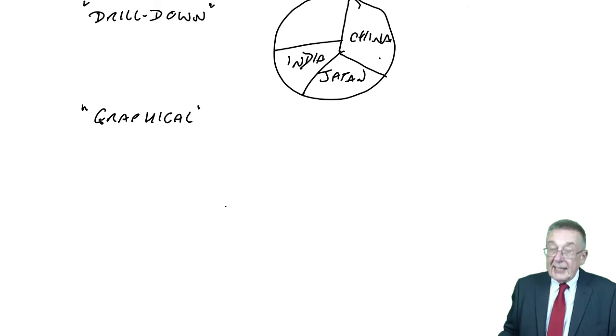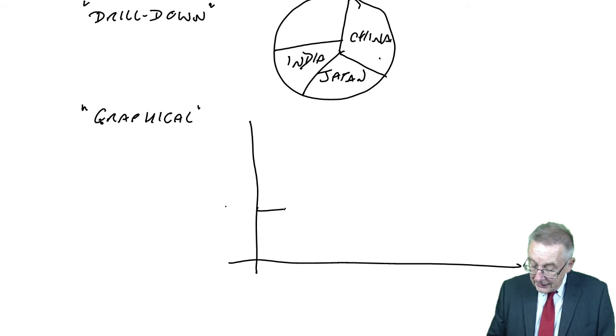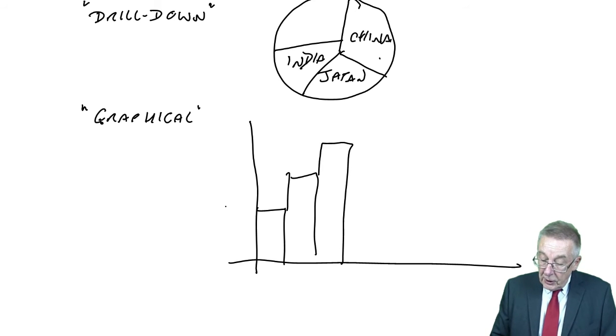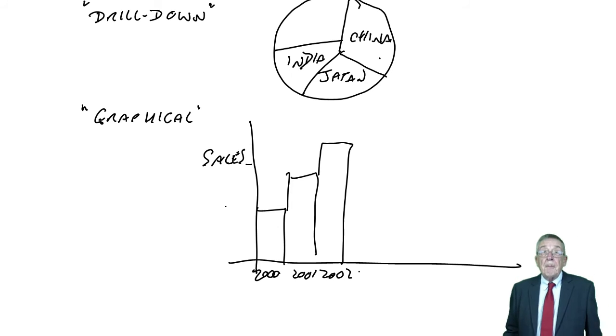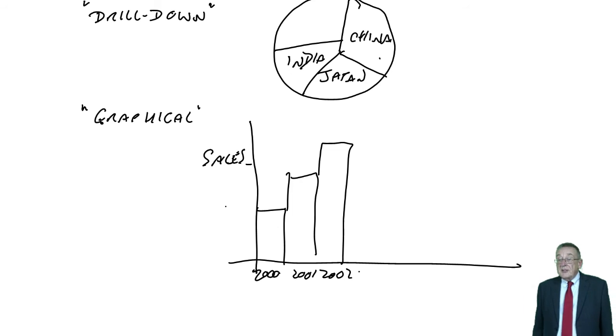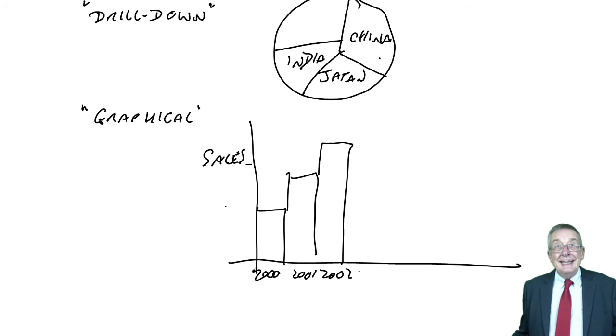So perhaps I double click on China. Oh, and perhaps it comes up with a bar chart showing me what the sales are each year. 2000, 2001, 2002, and so on. So in a very easy way, I can end up getting any report I need.